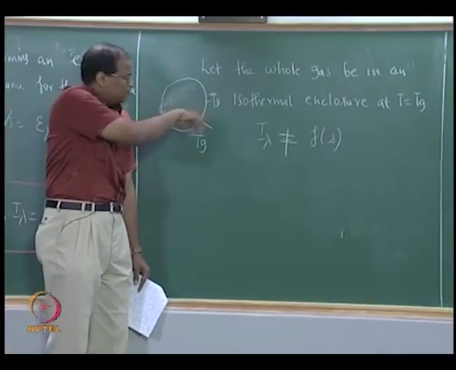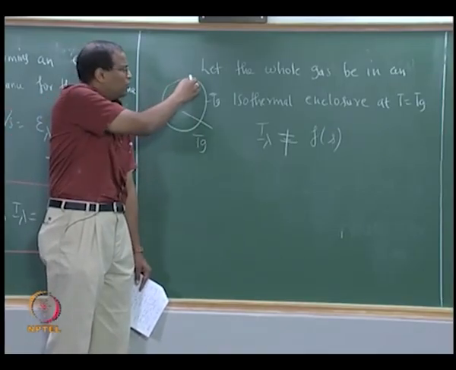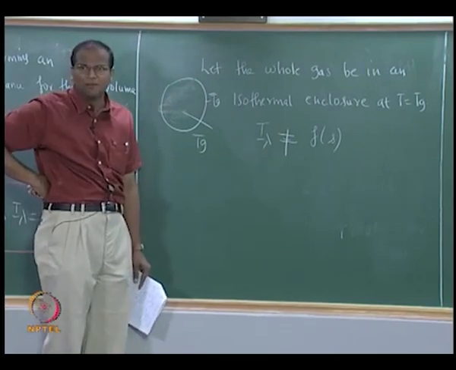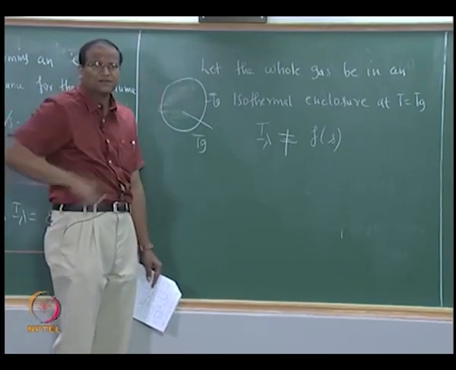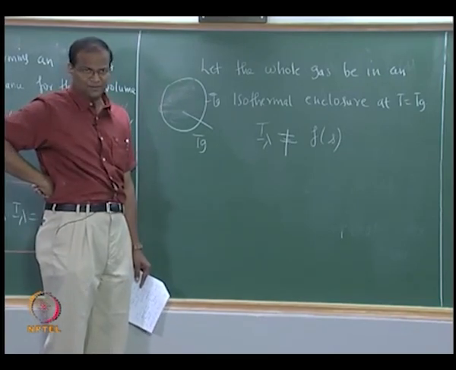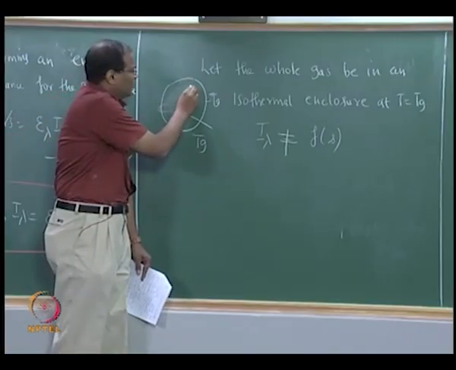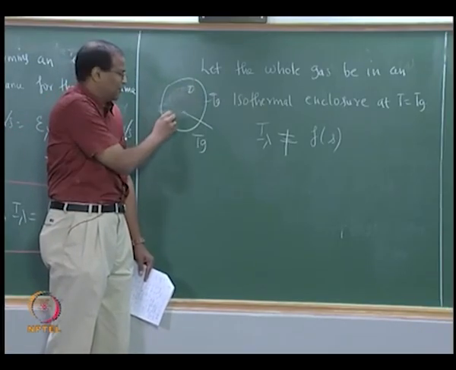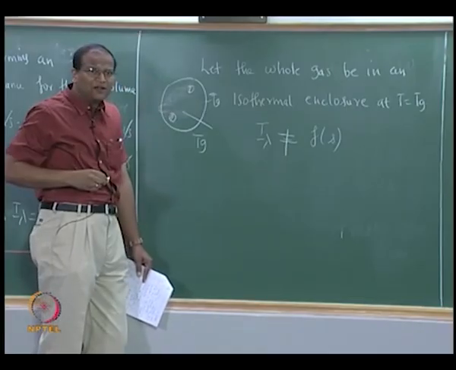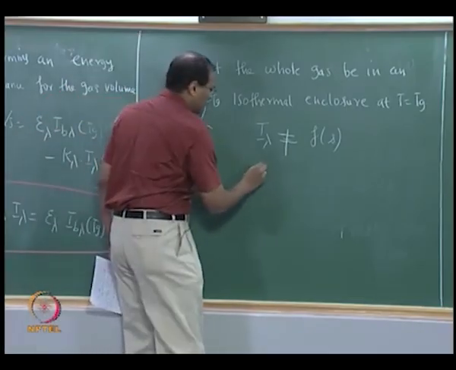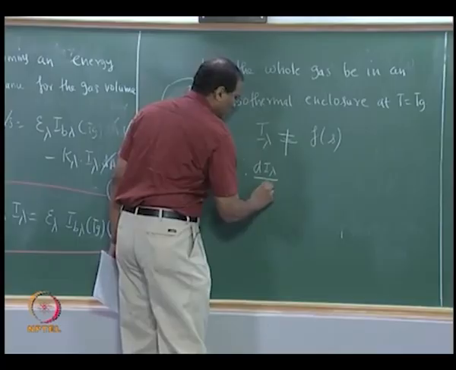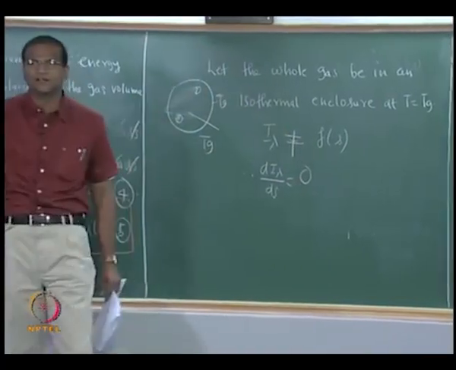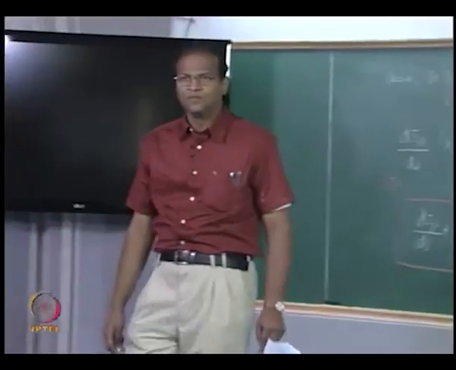If you put a hole, the radiation coming out will be analogous to radiation coming out from a black body. So if I take a gas volume and find its I lambda in a particular wavelength interval, will it be different anywhere? Therefore dI lambda by ds equals 0 anywhere within the isothermal cavity.